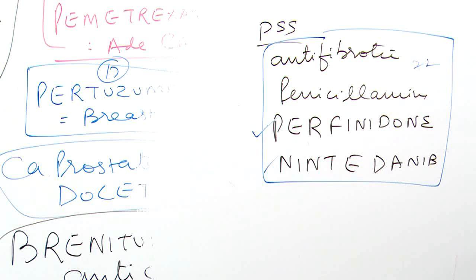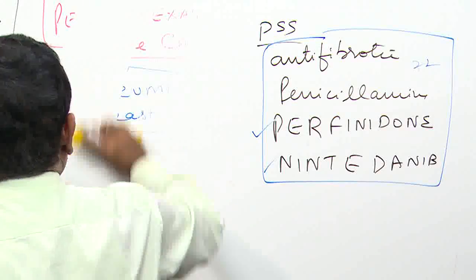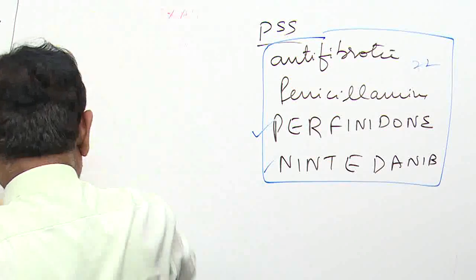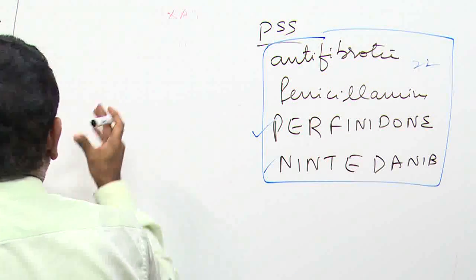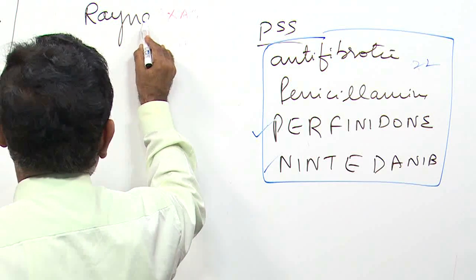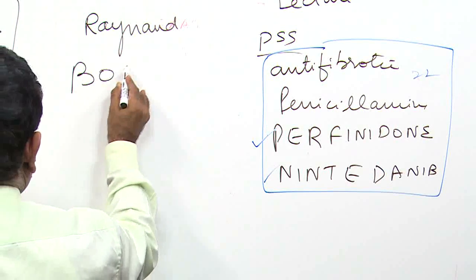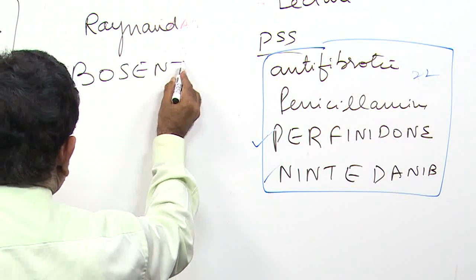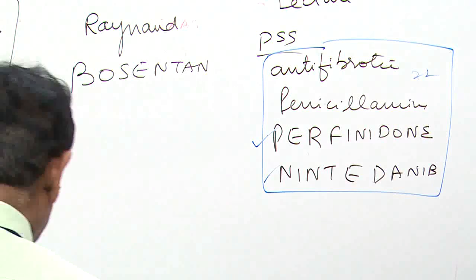For Raynaud's phenomena, the new drugs are as follows. We have been using bosentan. Bosentan is an anti-endothelin drug.